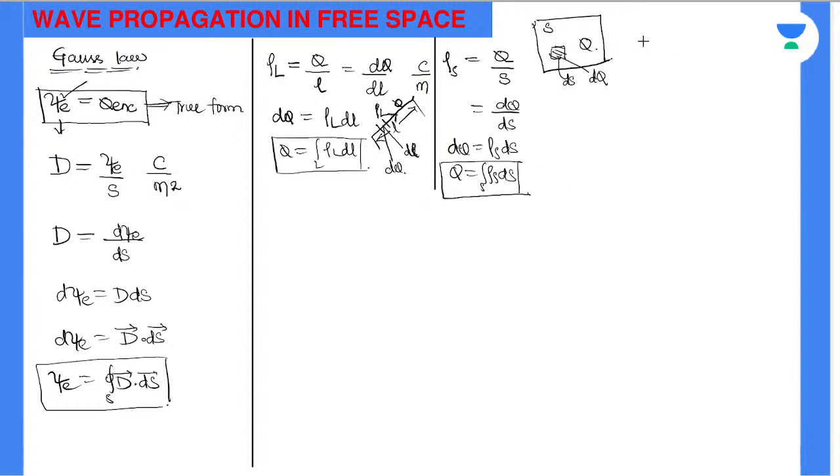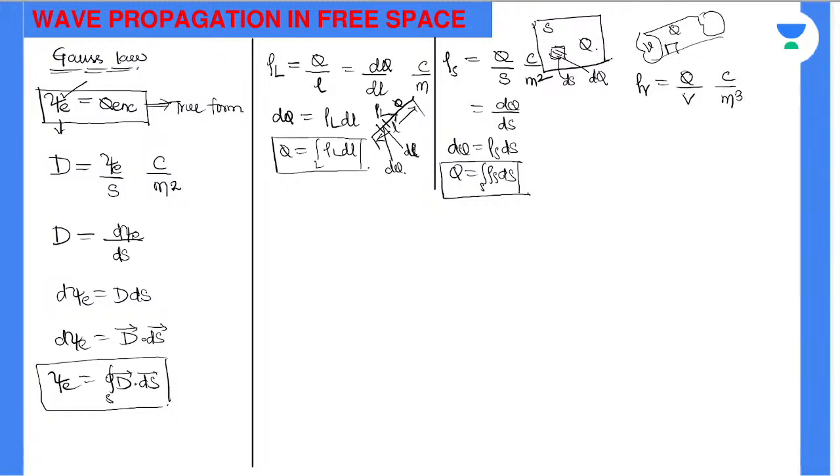Similarly, if you consider a volume carrying total charge Q, total volume V, volume charge density is total charge by total volume, coulomb per meter cube.